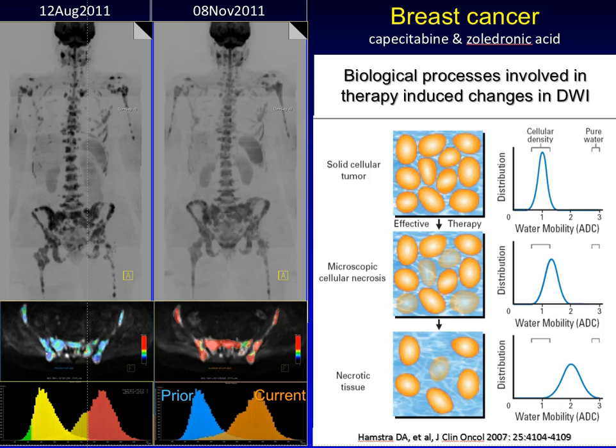So here are the high B value images before and after the treatment, and you can see that there has been a complete shift of the histogram to the right, and here is the 1500 line, and you can see the majority of the pixels post-treatment are above the 1500 line. And this shift of the histogram to the right represents cellular kill, which results in more fluid in the extracellular space, and that is directly responsible for the shift of the histogram.